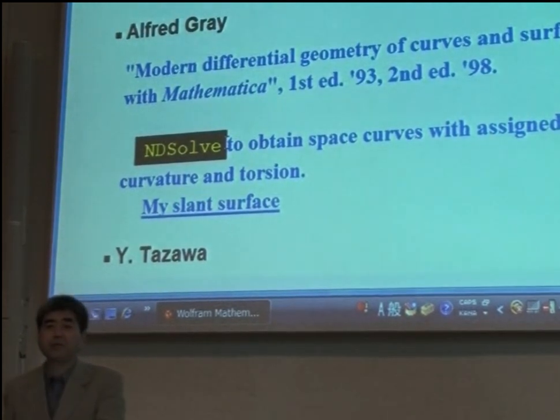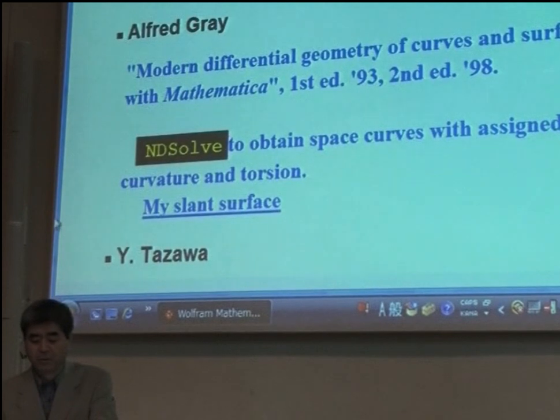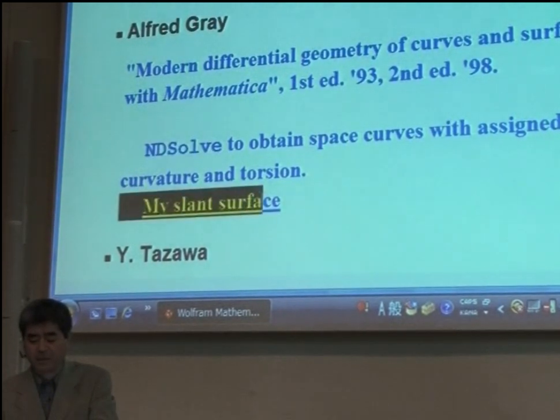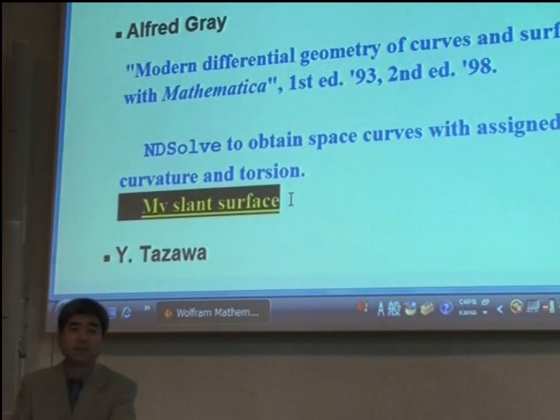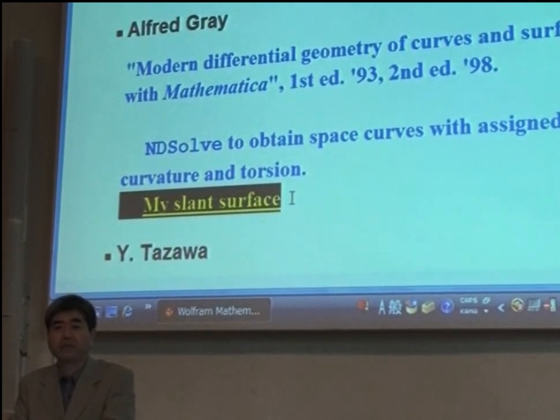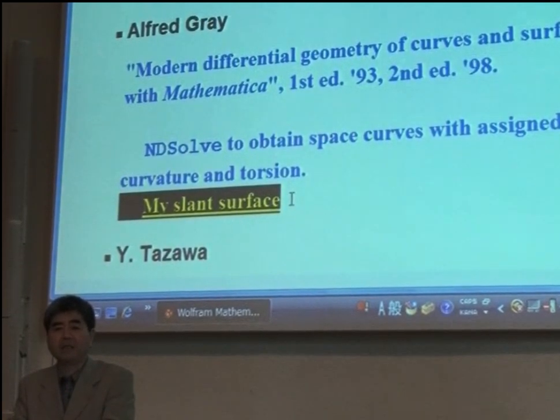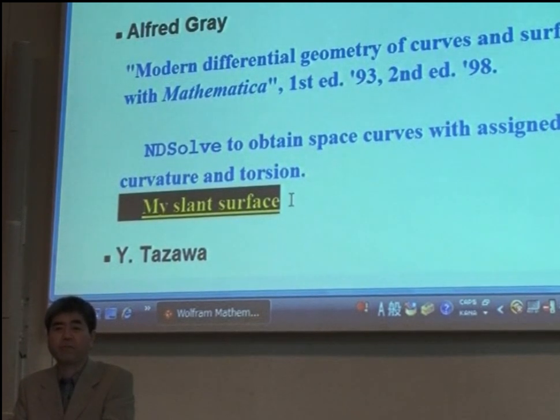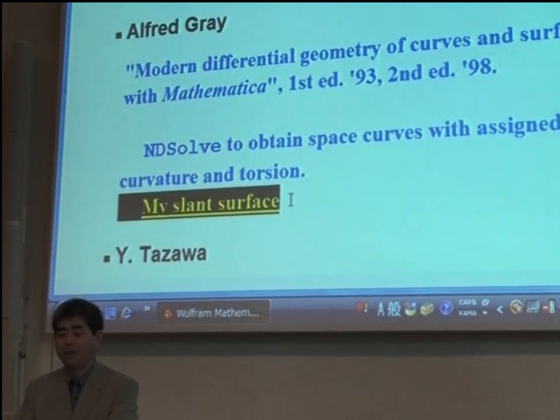And I tried to use Mathematica myself to visualize one of my surfaces. My surface is contained in the two-dimensional complex space, that is the four-dimensional real space. I defined the surface by means of a solution of a differential equation and guaranteed its existence by the existence and uniqueness theorem for differential equations.